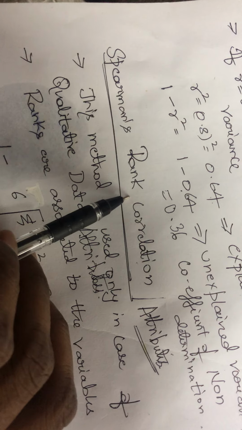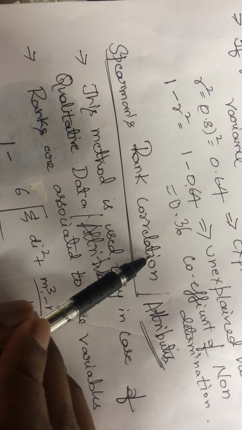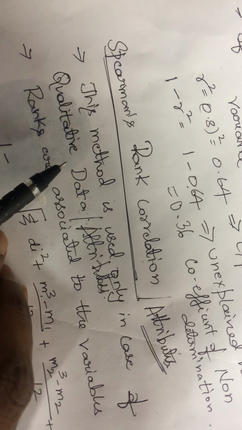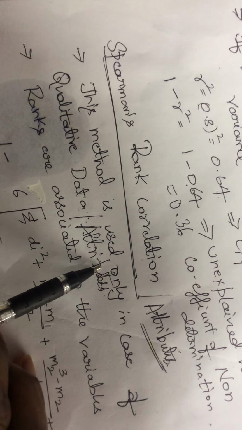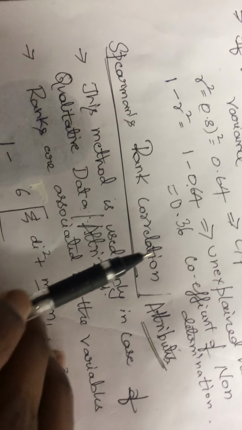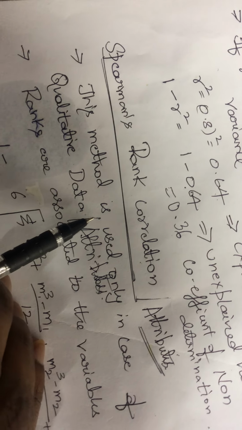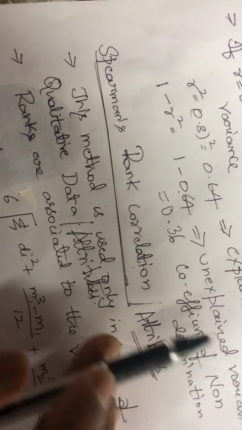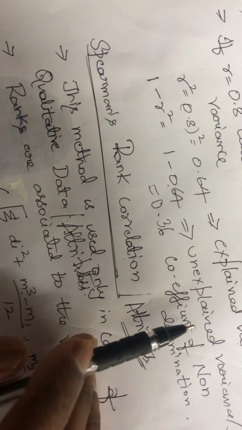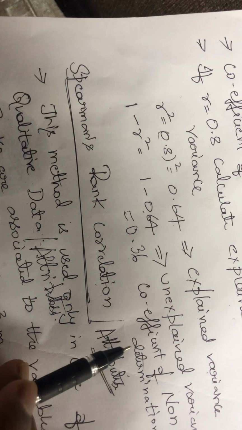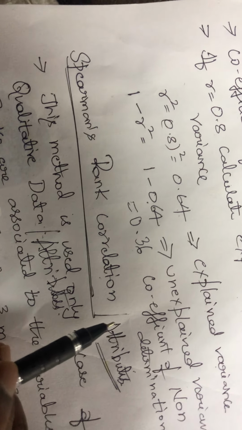Why do we use Spearman's? In case the given data are qualitative or attributes in nature, then we go for Spearman's. If they are variables or quantitative data, that means expressible in numbers, such as marks secured by students in statistics and mathematics, that is expressible in numbers and quantitative in nature.